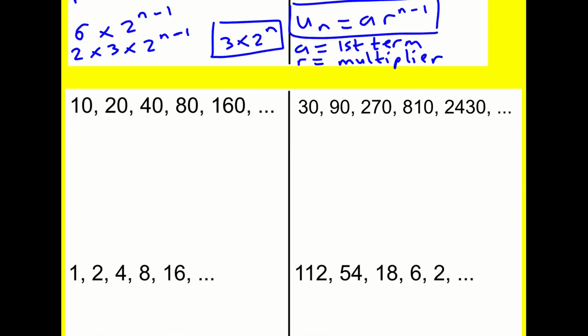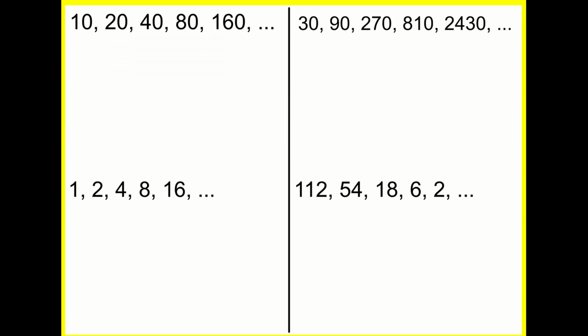So let's carry on. Right, if you're feeling confident, then go for it and try and find the nth term of each of these sequences, and I'm going to go through it. I think I might use the a r to the n minus 1 method, at least to start with.